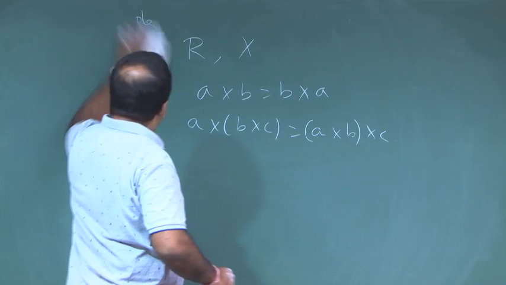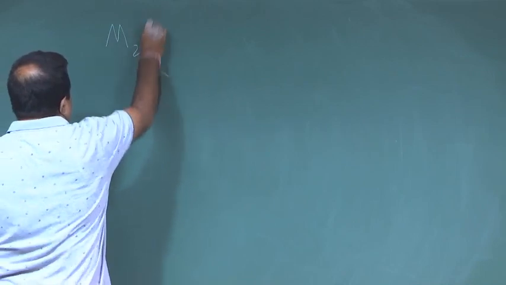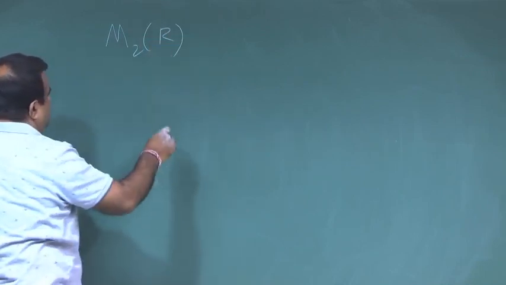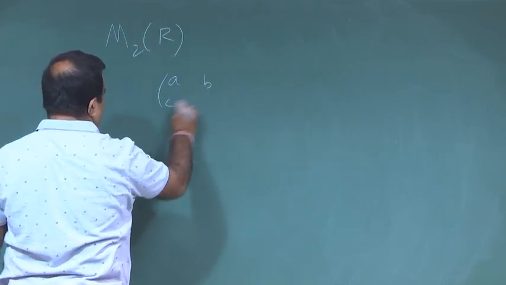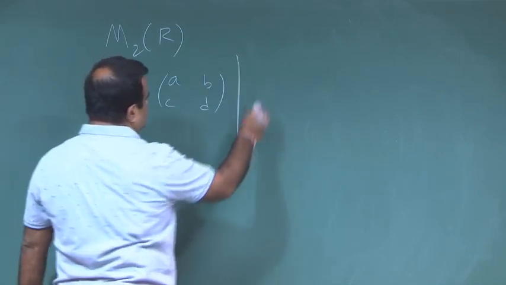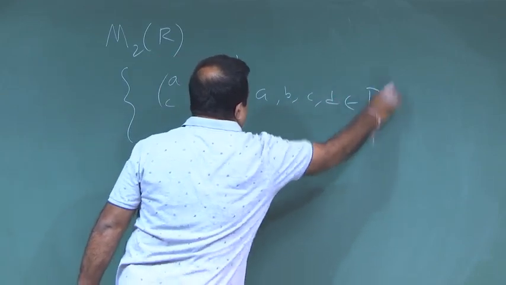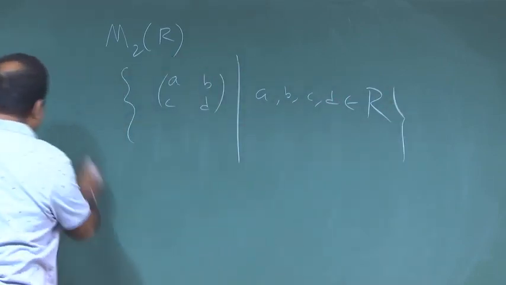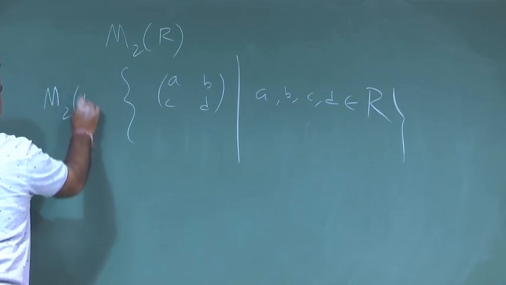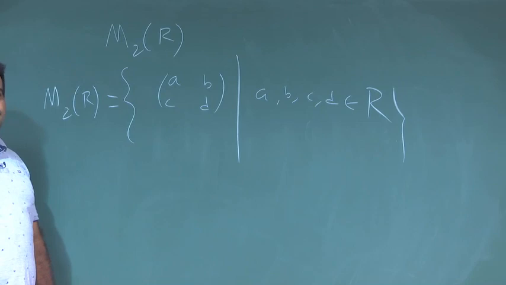Now, if you take the set of matrices, say 2 by 2 matrices M over R, where numbers are coming from real numbers, so A, B, C, D belong to R. This set is defined as all 2 by 2 matrices where elements are coming from real numbers.